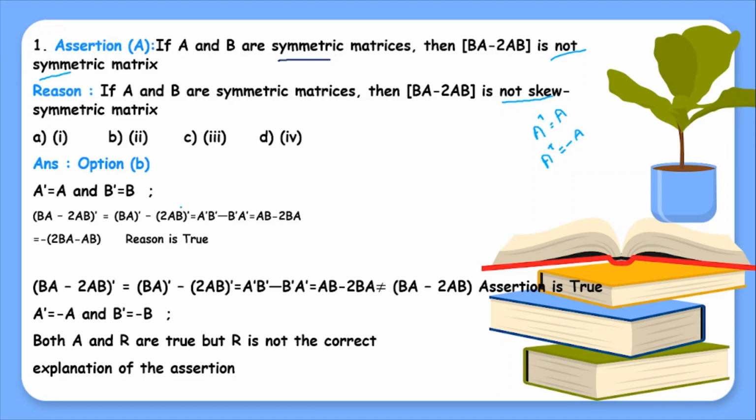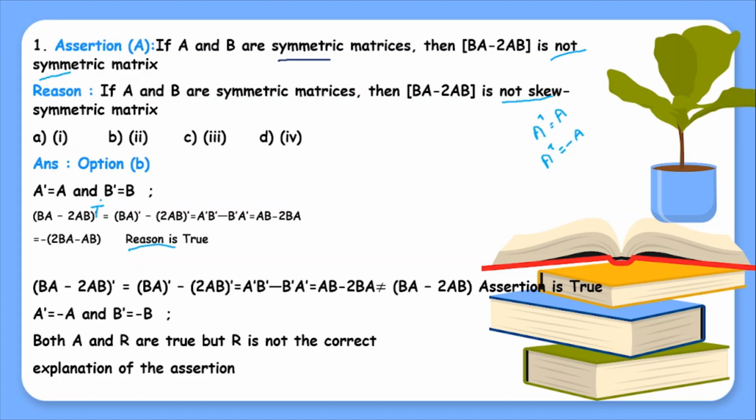Now we will analyze the statement. I told you, first check the reason. The reason: A and B are symmetric, yes, A and B are symmetric. BA minus 2AB is not skew symmetric. So, just expand BA minus 2AB and find the transpose. Dash means transpose; either you write the symbol T or put a dash, both are the same.